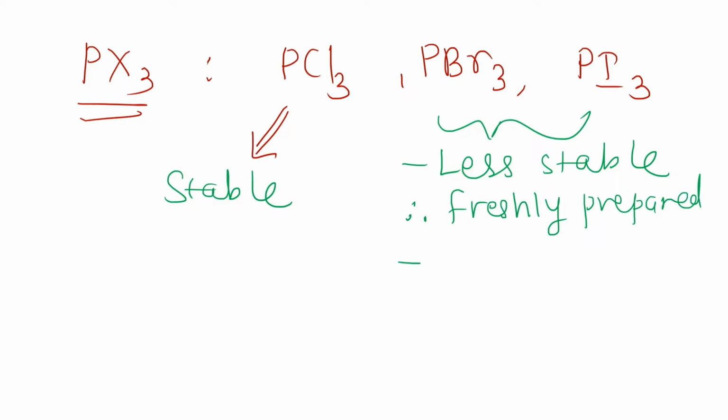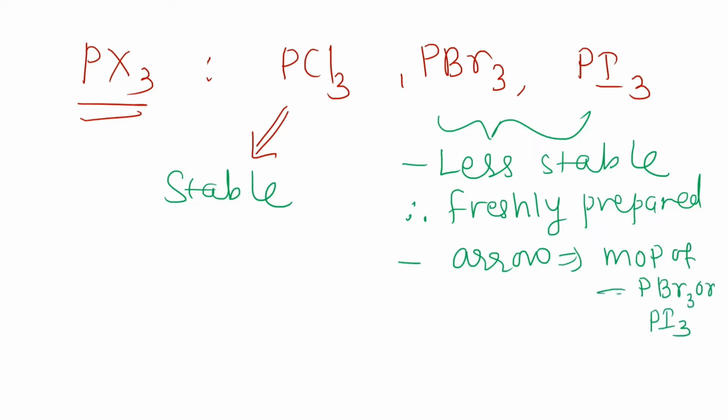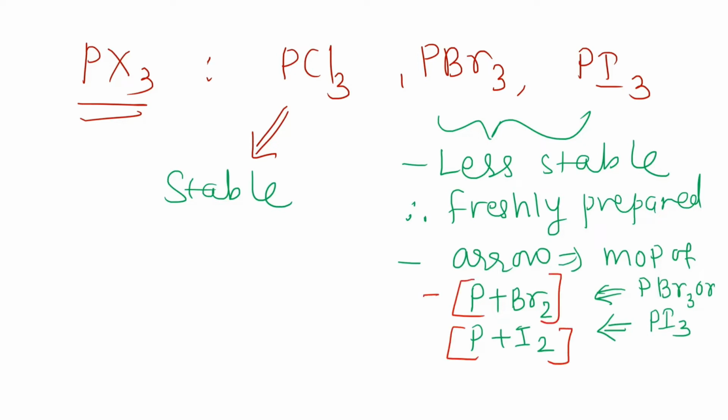And hence the method of preparation has to be written always on the arrow. So the arrow is nothing but the method of preparation of either PBr3 or PI3. So for PBr3, what can we write? For PBr3 we can write P plus Br2. For PI3, what can be written on the arrow? If you see this condition on the arrow, or this condition on the arrow, that means it is nothing but PBr3 or PI3.